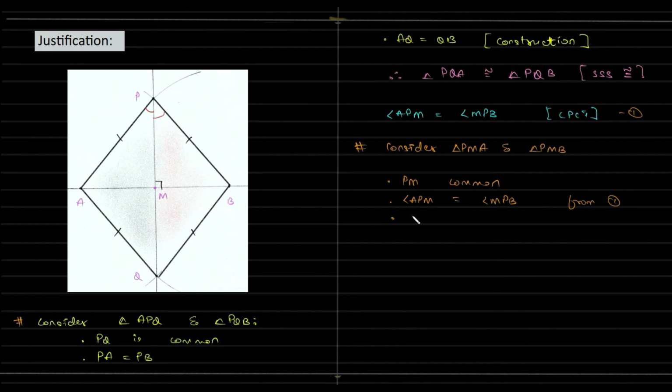Then we have what else? AP is equal to PB. This is because of construction. And so what can you tell? These two triangles are therefore congruent by what congruency? Yes, SAS congruency. Triangle PMA is congruent to triangle PMB, right?